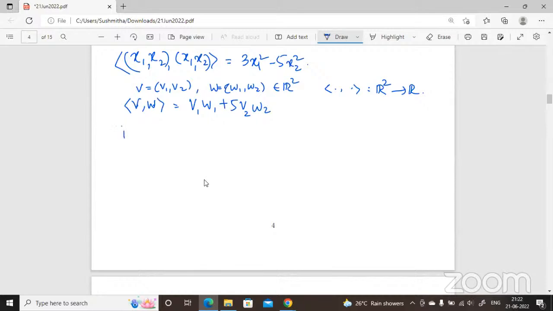What is the first thing we'll do? Check the first condition: it is always greater than or equal to 0, and it is equal to 0 if and only if V equals 0. So what is the inner product of V comma V?